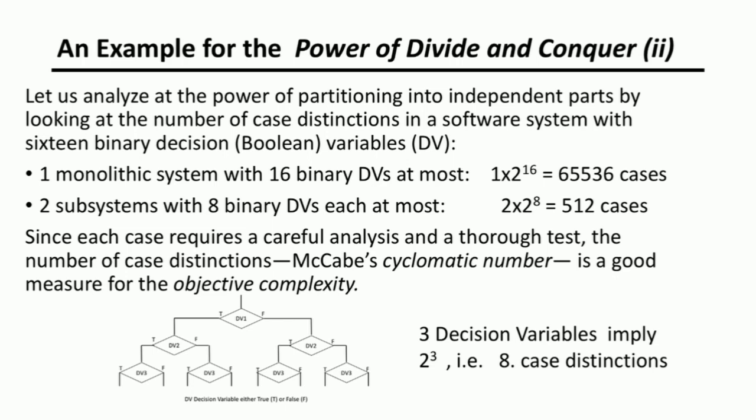That means the complexity reduction, based on this McCabe metric, where you can discuss if it's a good or bad metric, but it's a reasonable metric, I think. There's hardly any better one I would know so offhand, would mean that we have reduced the complexity by 99%. 99% of the complexity of the big system has disappeared, and we only have 1% left in the smaller system. And you see the power of this divide and conquer technique.